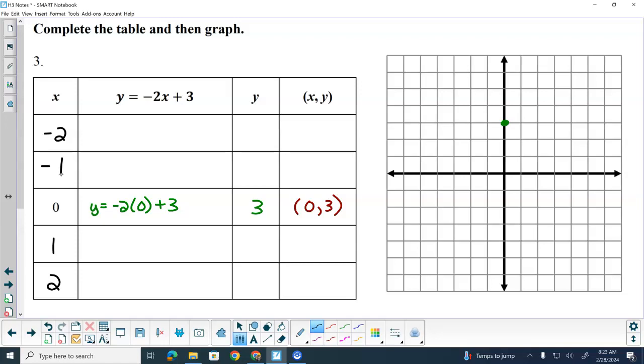Did you do it because you chose 2 negative numbers and 2 positive numbers? 2 numbers on the left side of 0 and 2 numbers on the right side of 0? Do we have to choose those 4? We could have chosen any numbers that we wanted, as long as 2 were on the left and 2 were on the right. Okay? Love it.